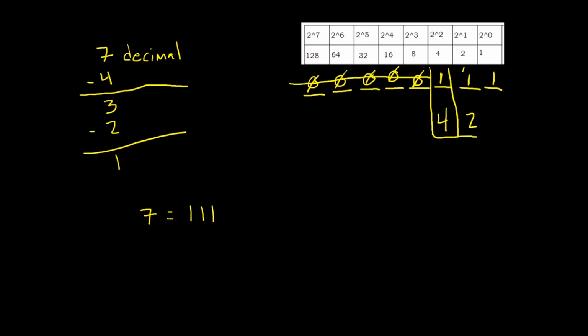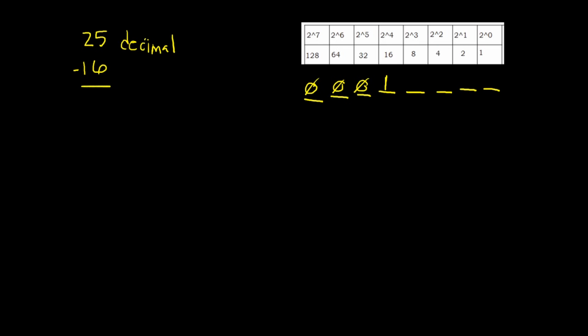If we take the number 2, which is also turned on, and the number 1, our final turned on number, and you add 4 plus 2 plus 1, this equals our decimal number 7. An excellent way to check your work.